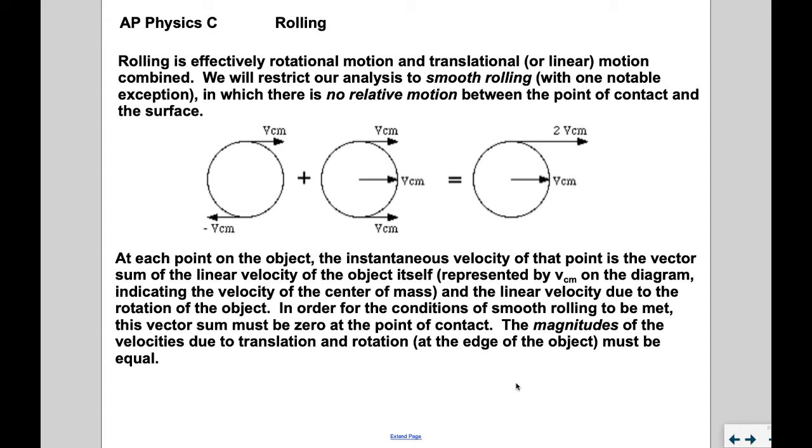So in order for these two to cancel out, we find that the magnitudes of the velocities due to translation and rotation at the edge of the object must be equal in order for them to cancel out here at the contact point.